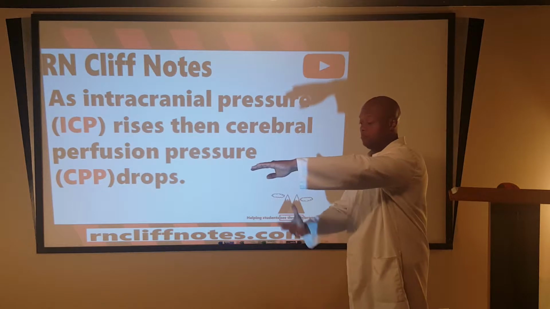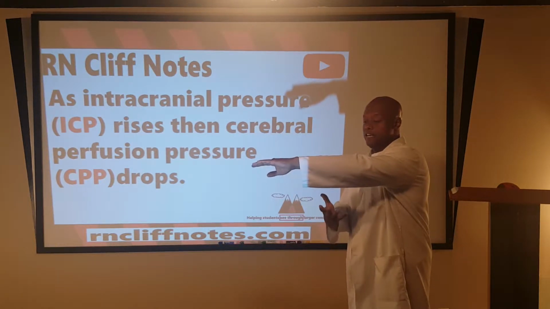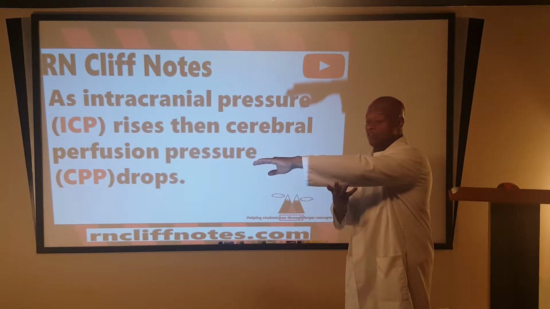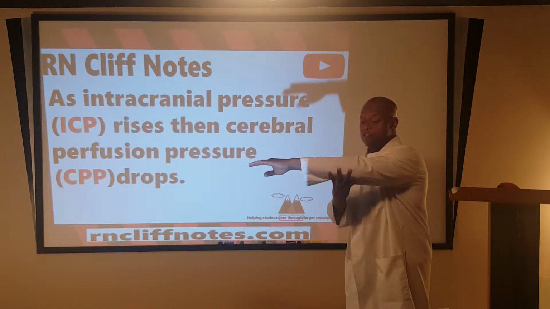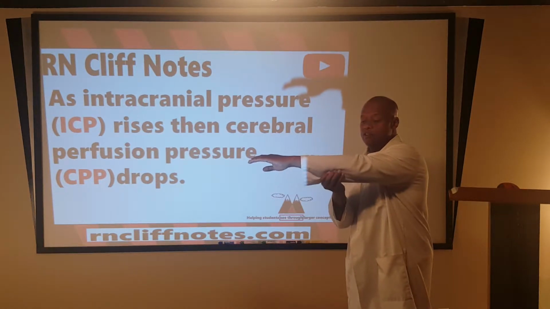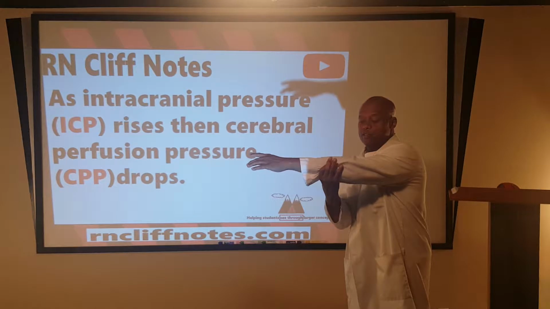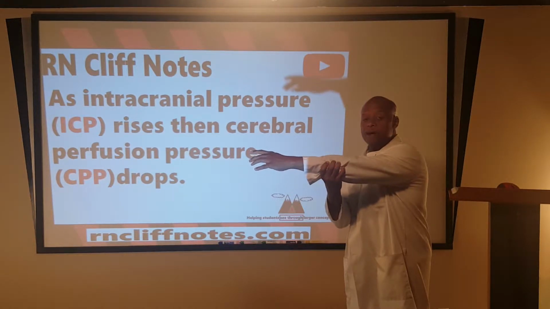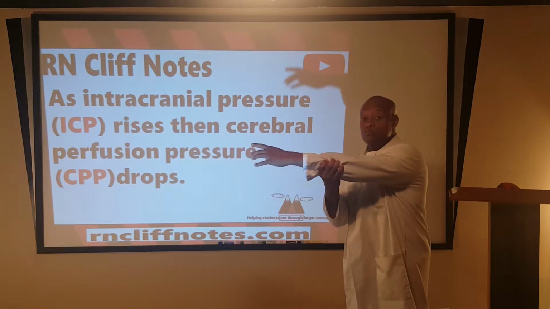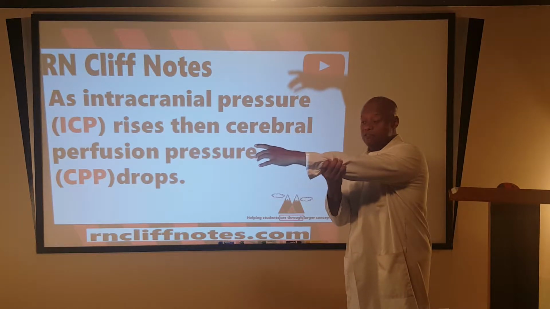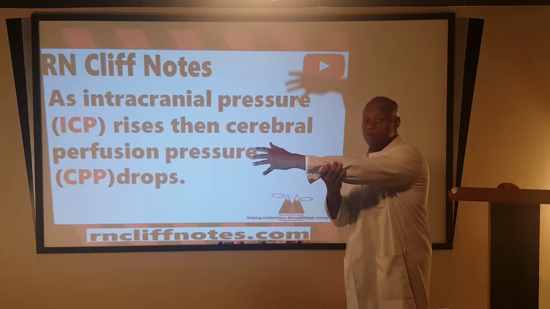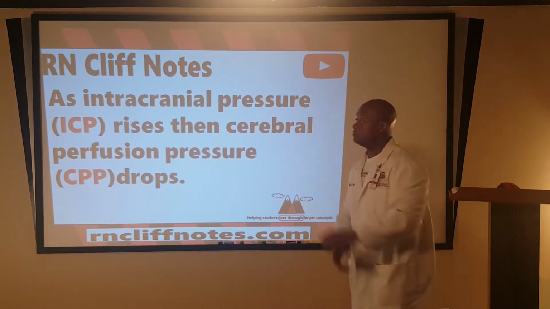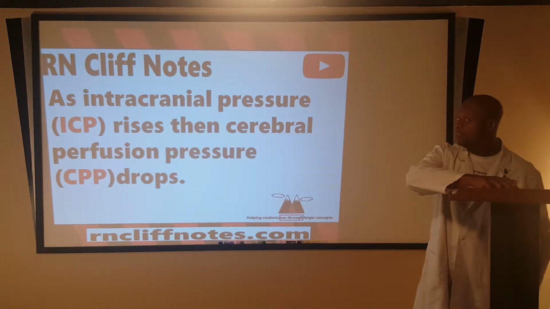And my other hand is the increasing intracranial pressure. And as that pressure increases, it comes along and it squeezes and compromises cerebral perfusion pressure. So increasing ICP, compromising what? Cerebral perfusion pressure. All right?